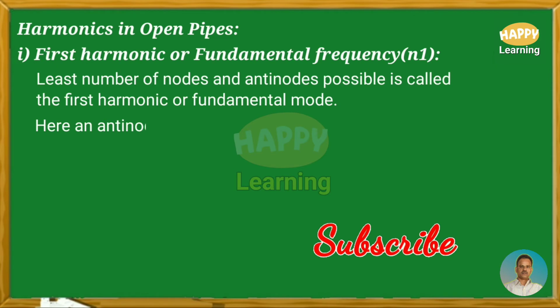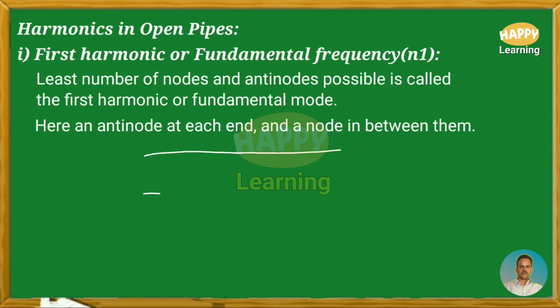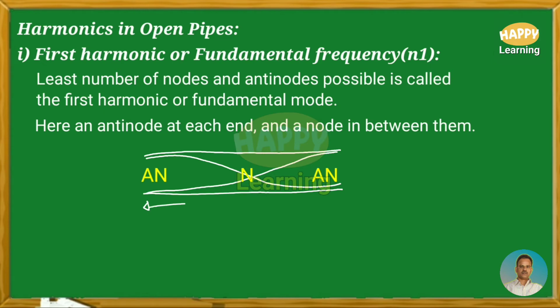Here, an antinode at each end and a node in between them. This is an open pipe. So antinodes at both ends and in between there is only one node, and here the length of the tube is L. This is the fundamental mode of formation of stationary wave.